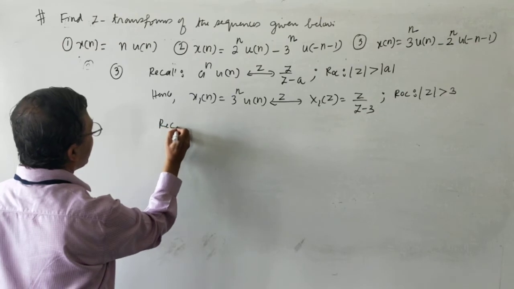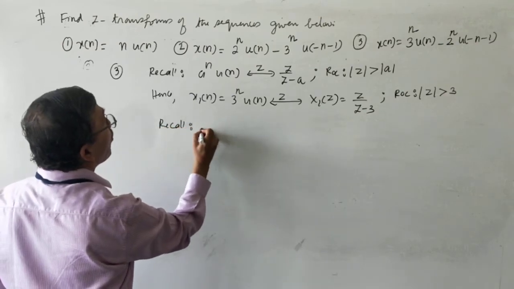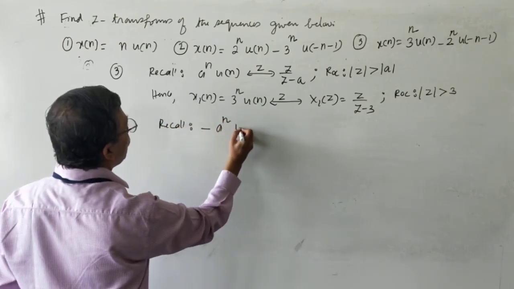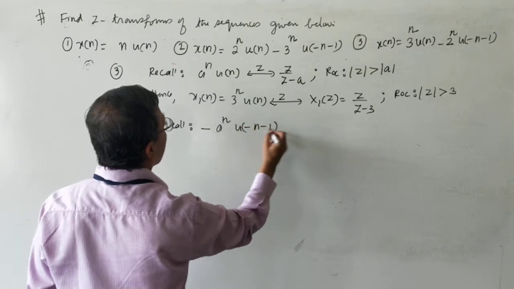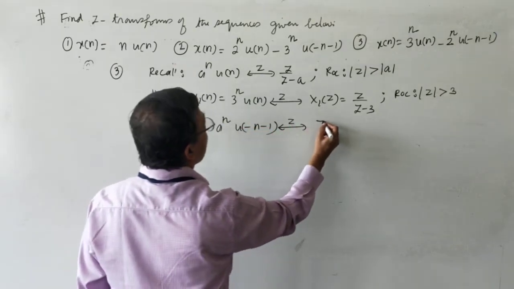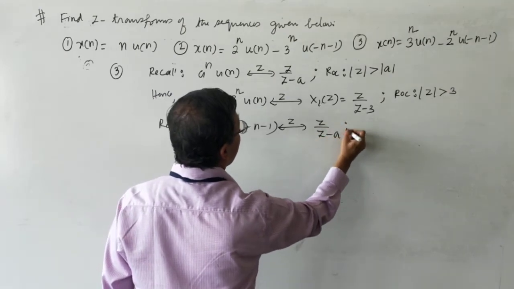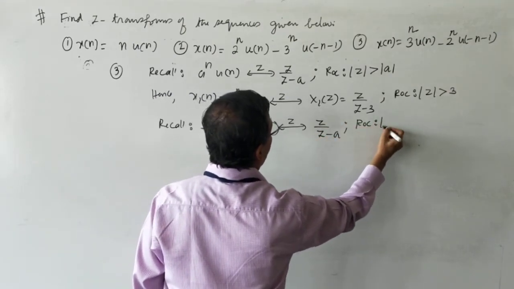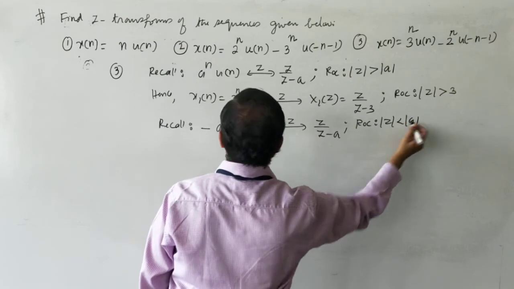Recall, minus a to the power n u of minus n minus 1 has a z transform z by z minus a. ROC mod z less than mod a.